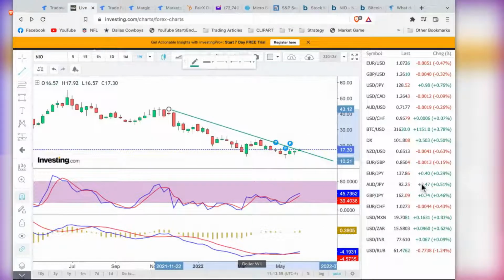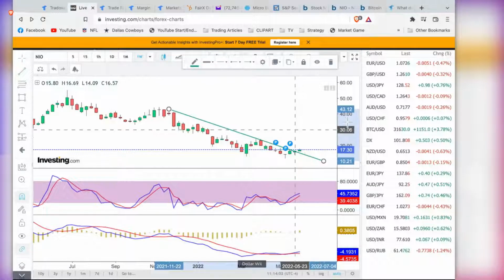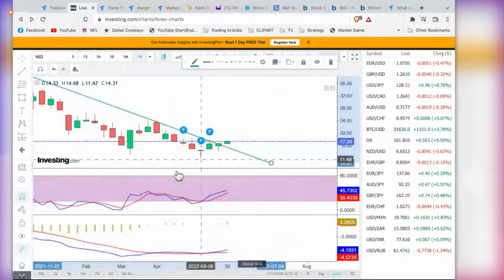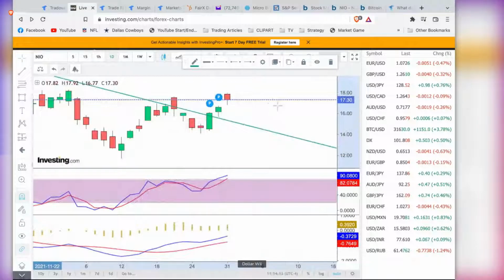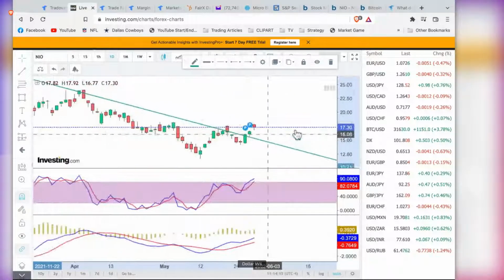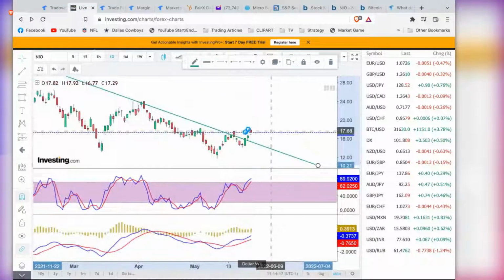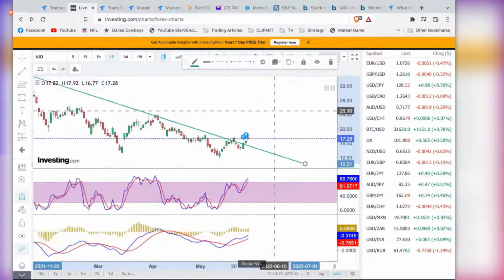I needed it to break that line. I kind of did, and I want to see it come back down to test this low. Let me look at it some more.